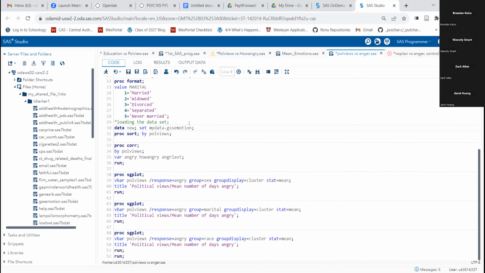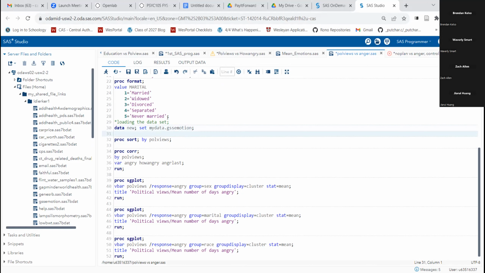So go to right before proc sort. Yeah, your proc sort, go right before that. Just hit enter. Okay, say if, and then the word marital equals 1, or marital equals 3, semicolon.